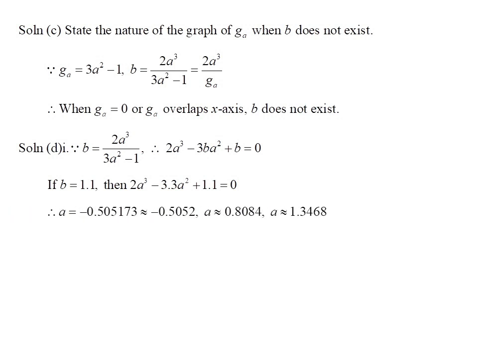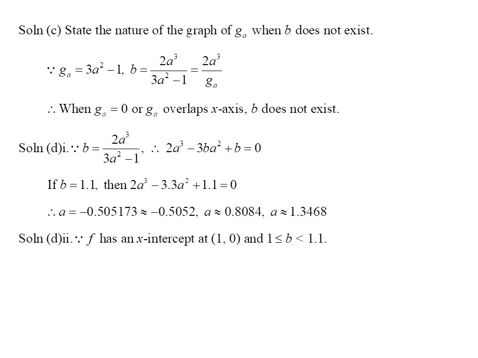Solving this cubic equation using a CAS graphic calculator, we obtain a approximately equals negative 0.5052 or 1.3468. Based on function f of x, it has an intercept at (1, 0).